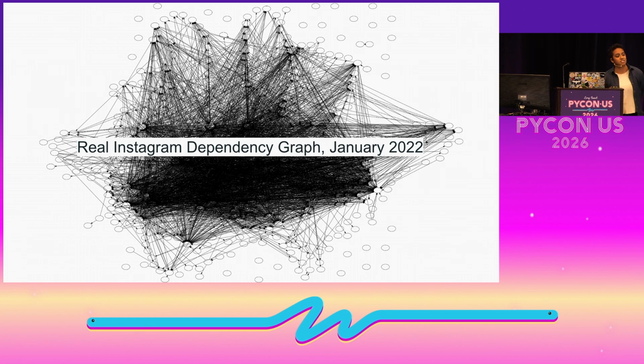This is a real Instagram dependency graph in January of 2022, before we adopted lazy imports. So what you're looking at, if you're a little bit confused at this web on the screen, is basically the very interconnected web of dependencies that we had created for Instagram's Django tier. We were loading over 28,000 modules at startup.